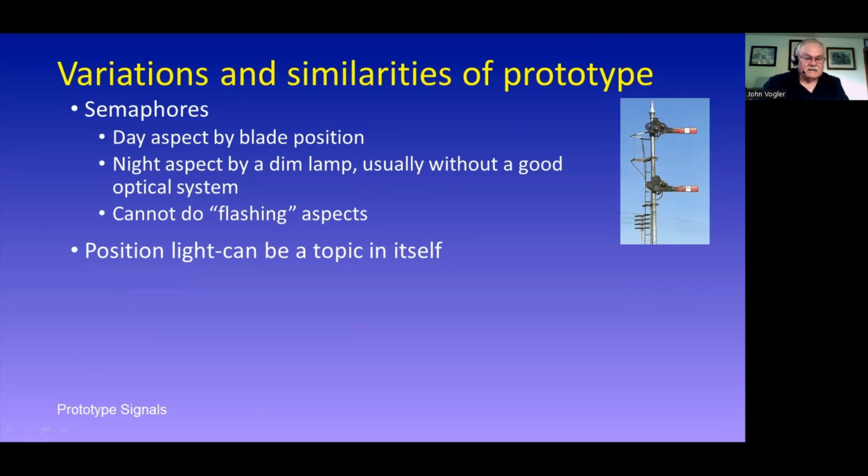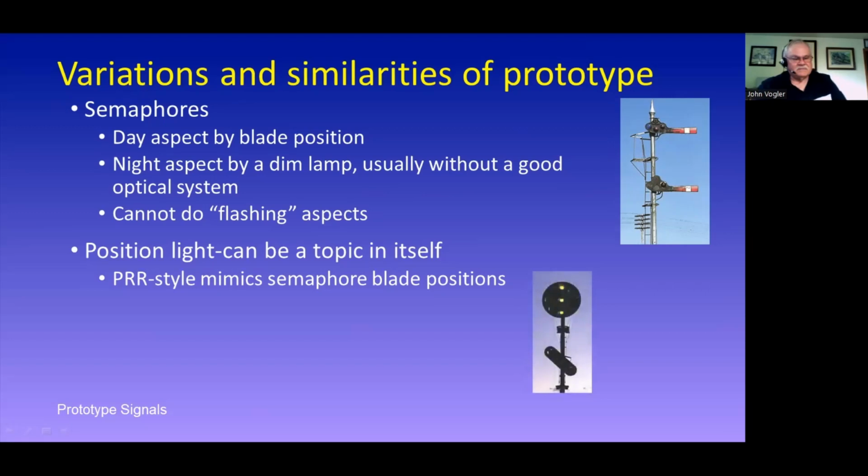Position light. I know my friend John Swanson would love to be talking about these, but they can be a topic all in themselves. The semaphore is mimicked by the position of the signal lamps.